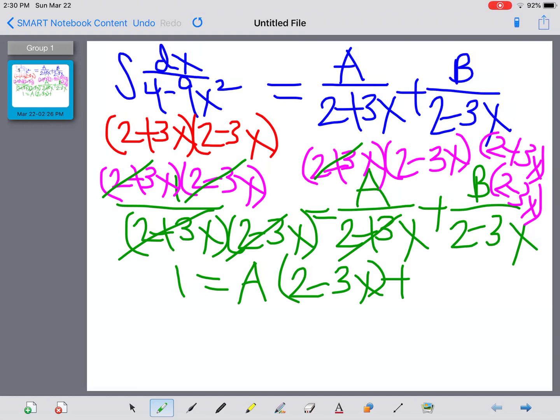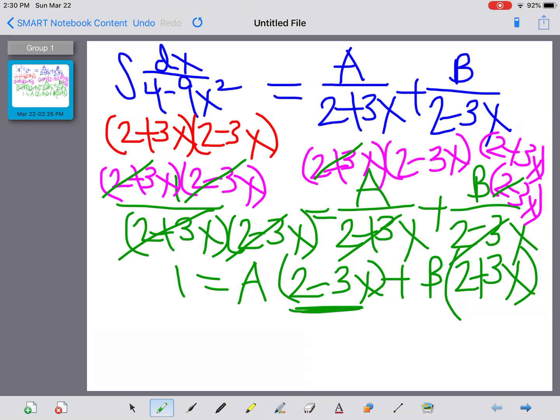And at the end, the 2 minus 3x's cancel, leaving us with B times 2 plus 3x. Now you can set the coefficients equal to each other and find A and B that way, or you can use zeros to help you.